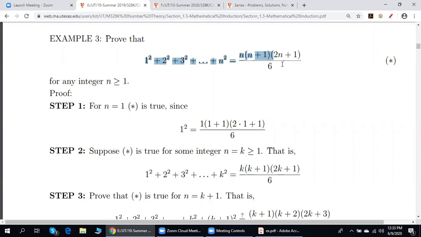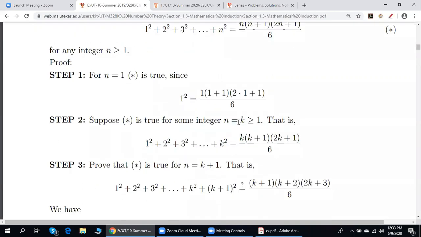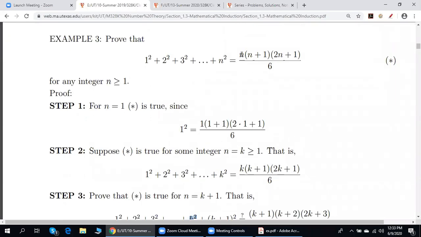If n is equal to k plus 1, on the left-hand side, we have the sum of the following terms. 1 square plus 2 square plus and so on plus k square plus k plus 1 squared. The right-hand side becomes, instead of n, we have k plus 1, done.